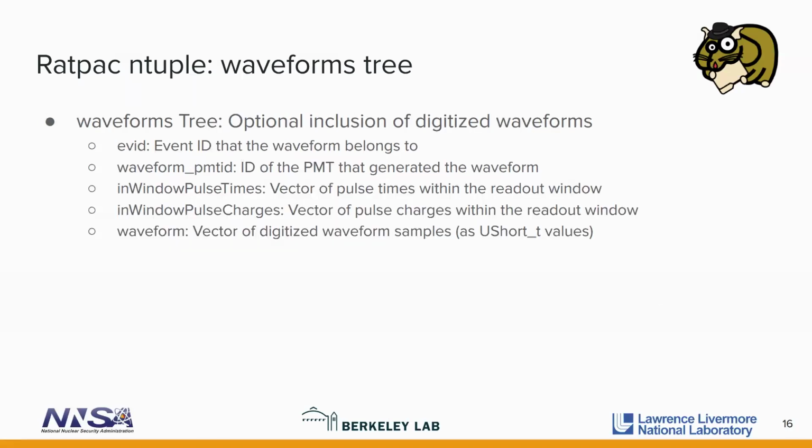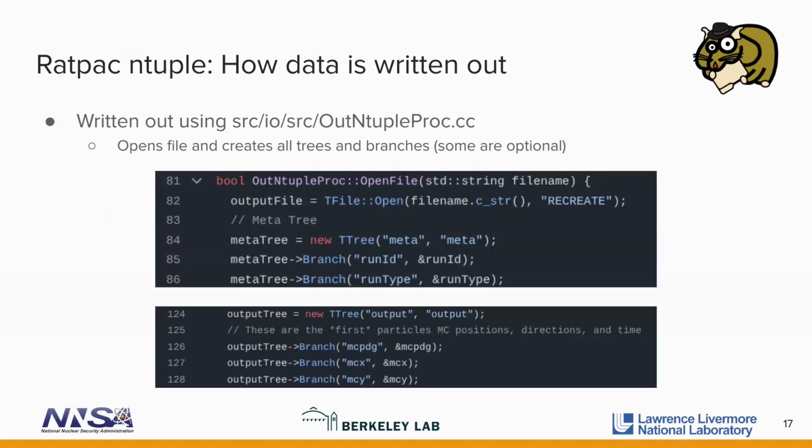So that is some basic information about the ntuple. I'll talk about opening one later, but next is a look under the hood at what's happening, for the more advanced users who want to know how things work and might want to add things to this. It's written out using the out ntuple processor, which opens the files, creates all of the TTrees and branches, and takes in your settings to decide whether to create the optional branches or not.